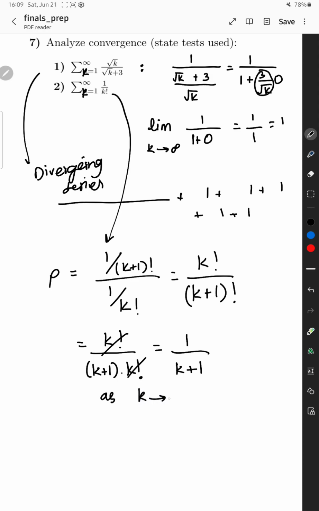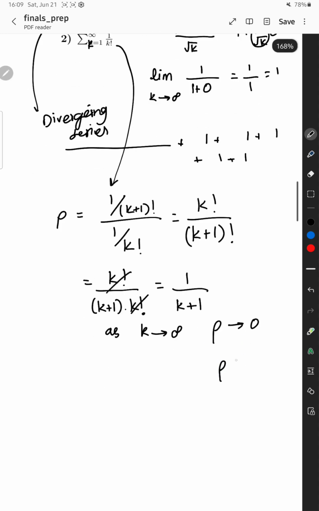As k approaches infinity, rho approaches 0, so it is less than 1. And we remember from the ratio test, if this rho or whatever this ratio is less than 1, then there is convergence. So we use two very important tests in this.